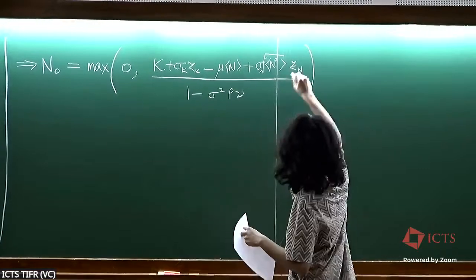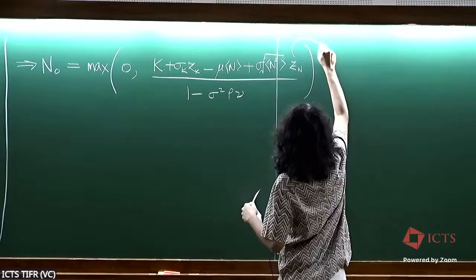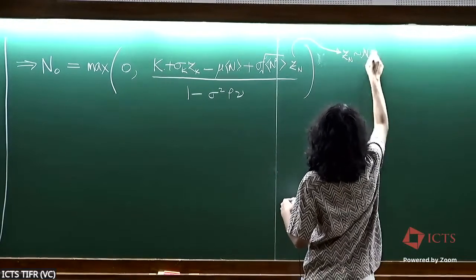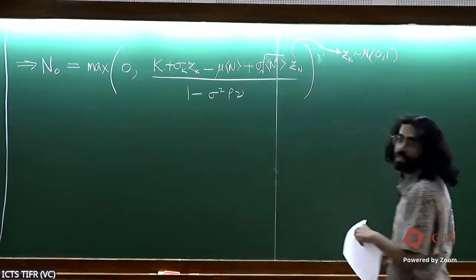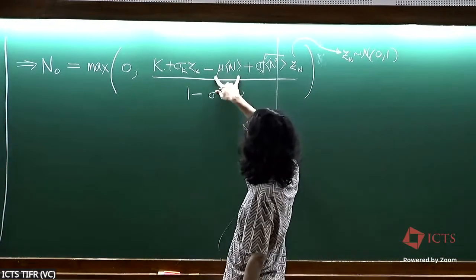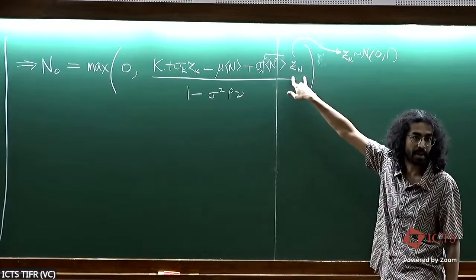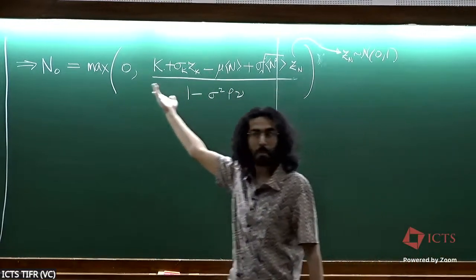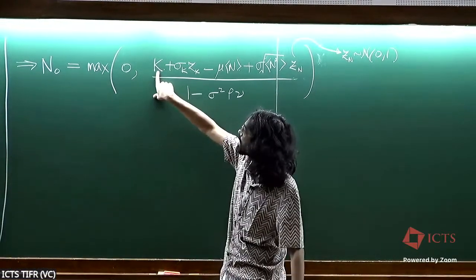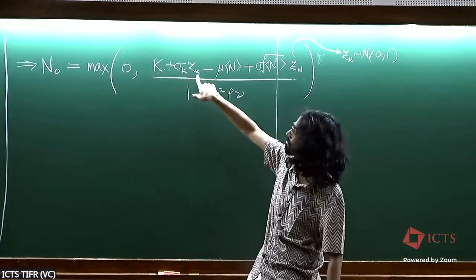Just to remind you, these zn's are just standard normal variables, mean 0, variance 1. That's just how you write any Gaussian random variable: a mean plus a standard deviation times a Gaussian random variable. So I did write k not like that. I wrote it down as a mean k plus a sigma k times some zk.